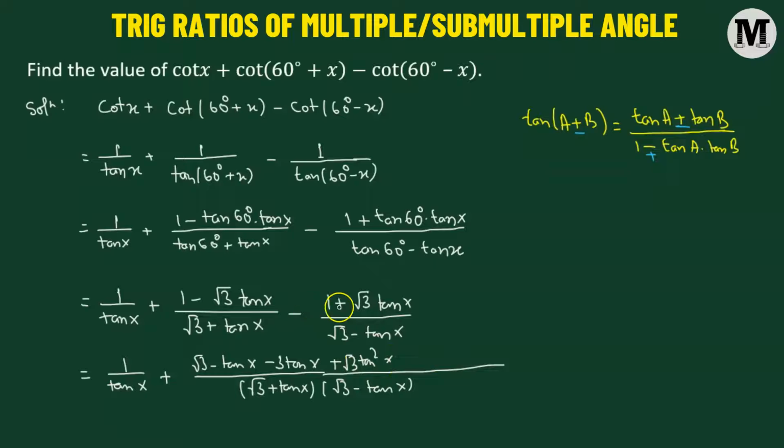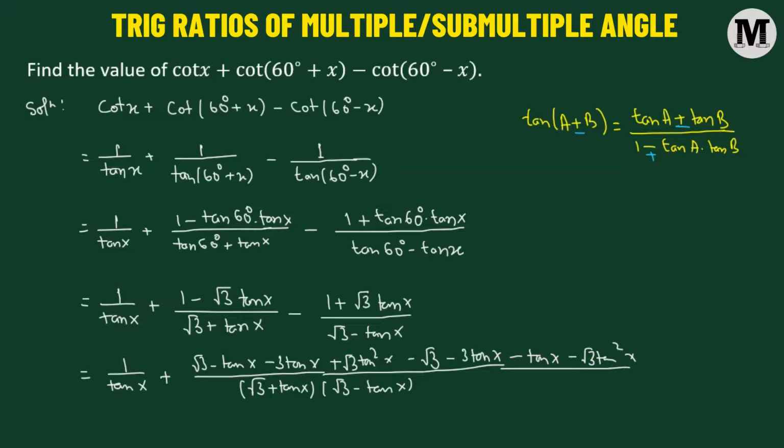And the next term will be the product of the numerator of the third term and the denominator of the second term. So that should give us negative square root of 3 minus 3 times tangent of x. Then we have negative tangent of x minus square root of 3 tangent squared x.